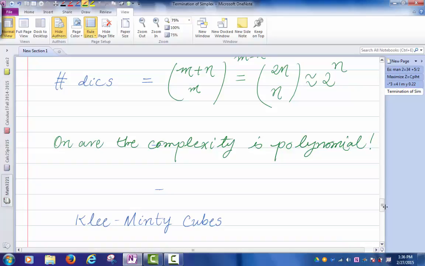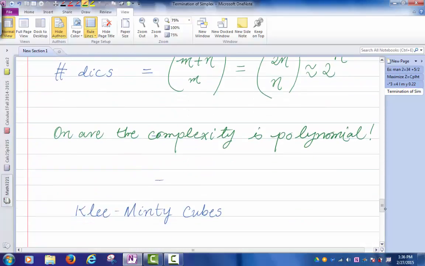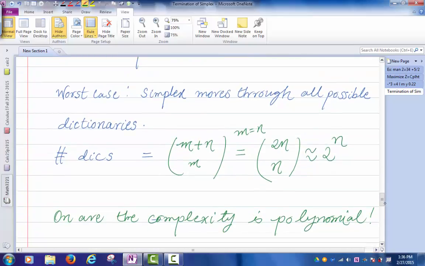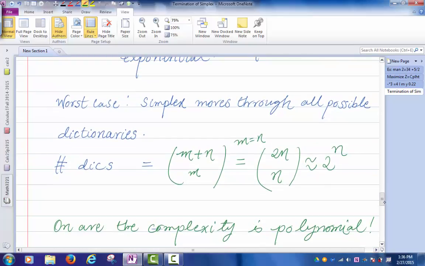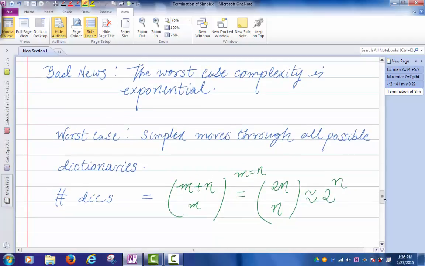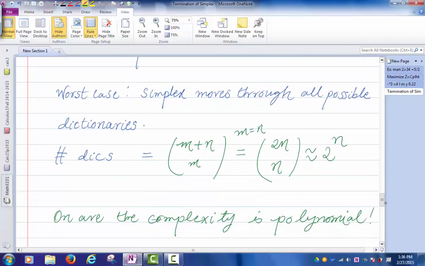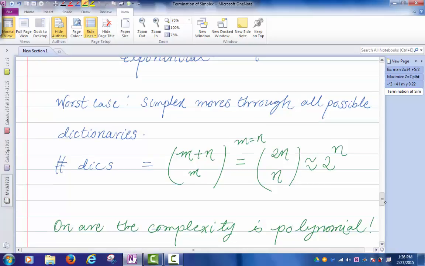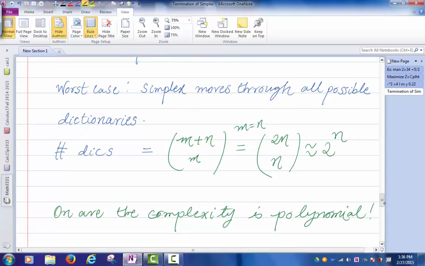So I want to end by giving you the worst case complexity I claimed. That is exponential because the number of dictionaries involved could be exponential in n. And I want to give you at least one example where that happens.